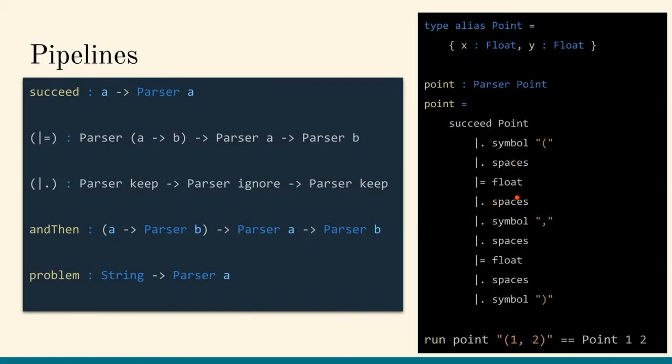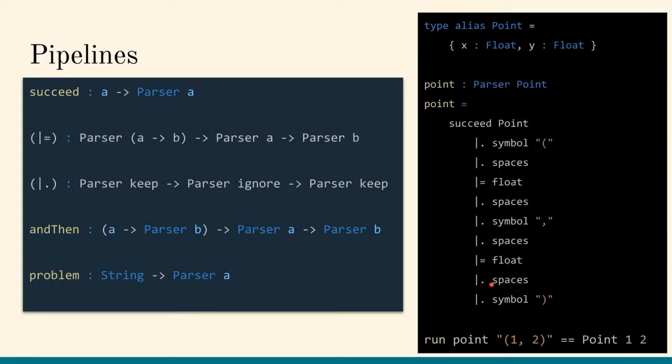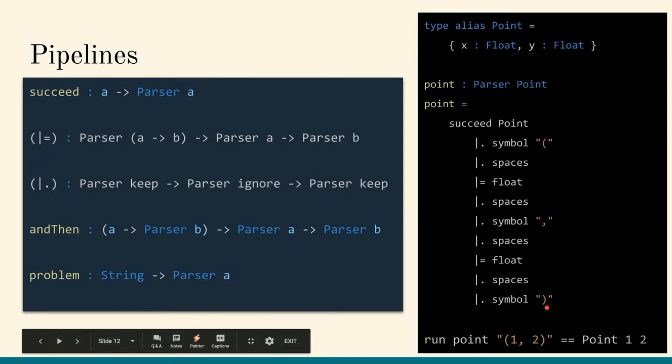Then I keep going. I may have zero or more spaces, it doesn't matter. Then I should have a comma. Then we have spaces. Then I should have y. I keep that and pass it to the point. Remember that way. Then spaces are thrown away, and another parenthesis is thrown away.